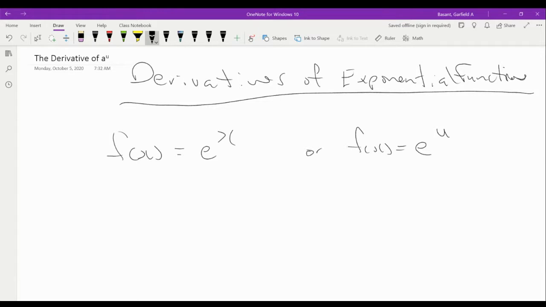So this was 3.2.23, somewhere like that. And we said the derivative of this, if you recall, was still e to the x, and the derivative of this was equal to e to the u times the derivative of the exponent, u prime.